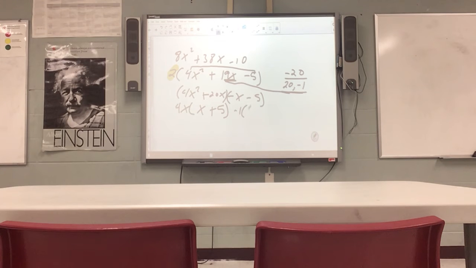So negative by negative is a positive, negative by negative is a positive. Okay, so now on that whole big line, x plus 5 is a common factor, so take it out. And then you'll be left with a 4x and a minus 1.